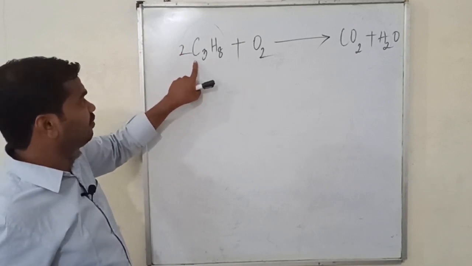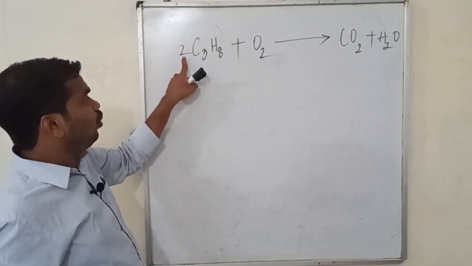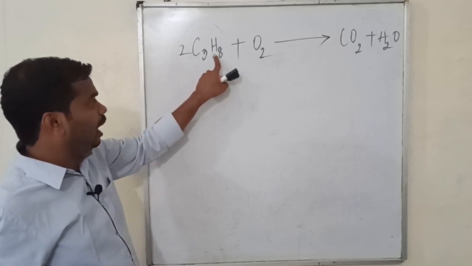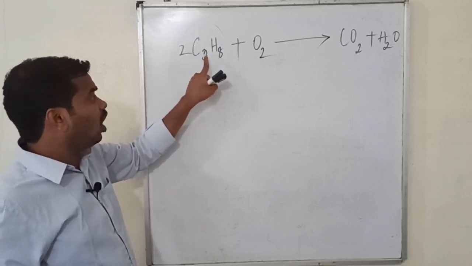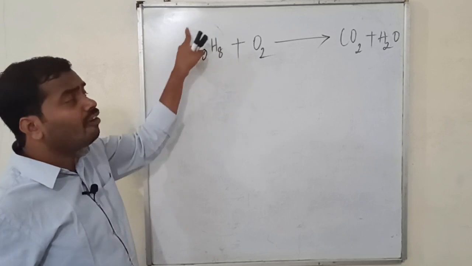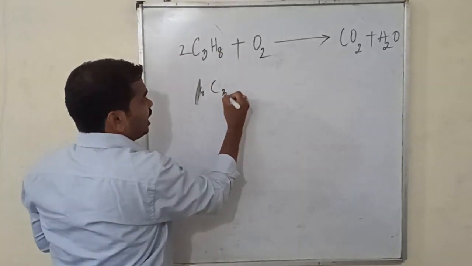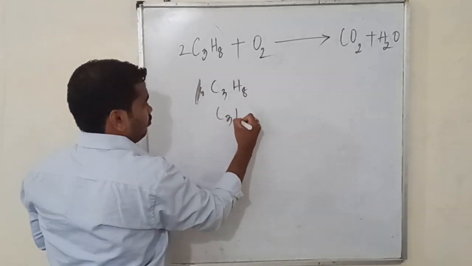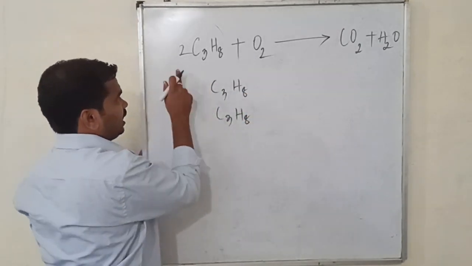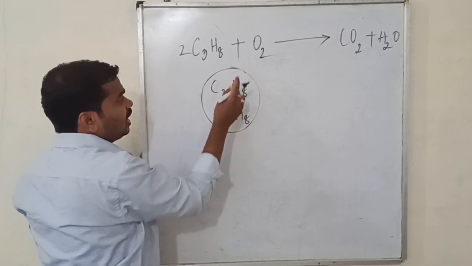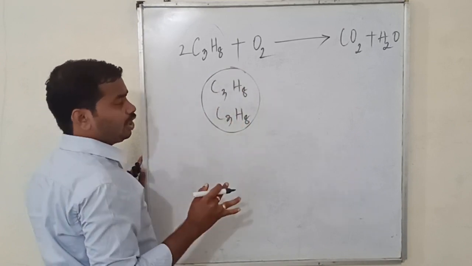If 2 is written in front of the propane, this 2 would be applicable for carbon, and applicable for hydrogen also, because it is 2 formula units of propane. Means 2 C3H8s are present.